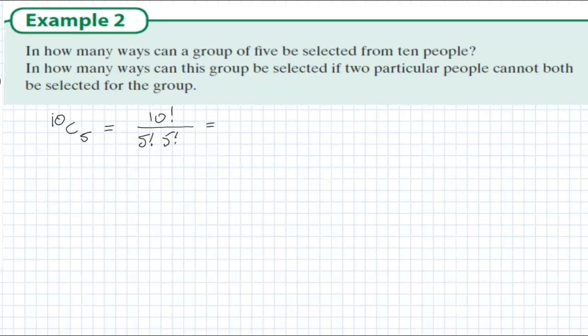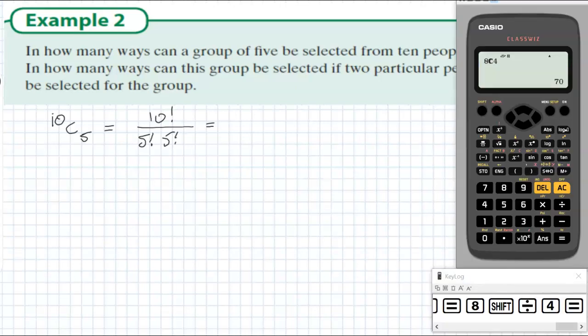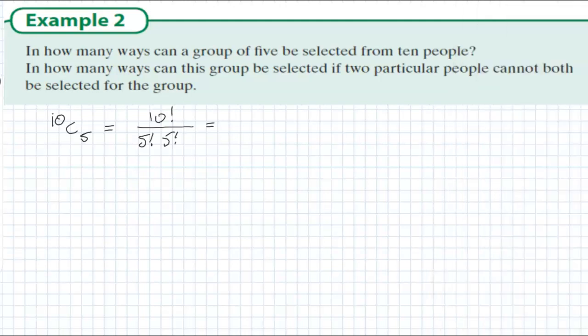You could sit there and do 10 times 9 times 8 times 7 times 6, divided by 5 times 4 times 3 times 2 times 1, if you're just writing out the factors. Or you could just write out 10 combination 5, and we get our 252. There's 252 different ways in which we can have 5 people out of 10.